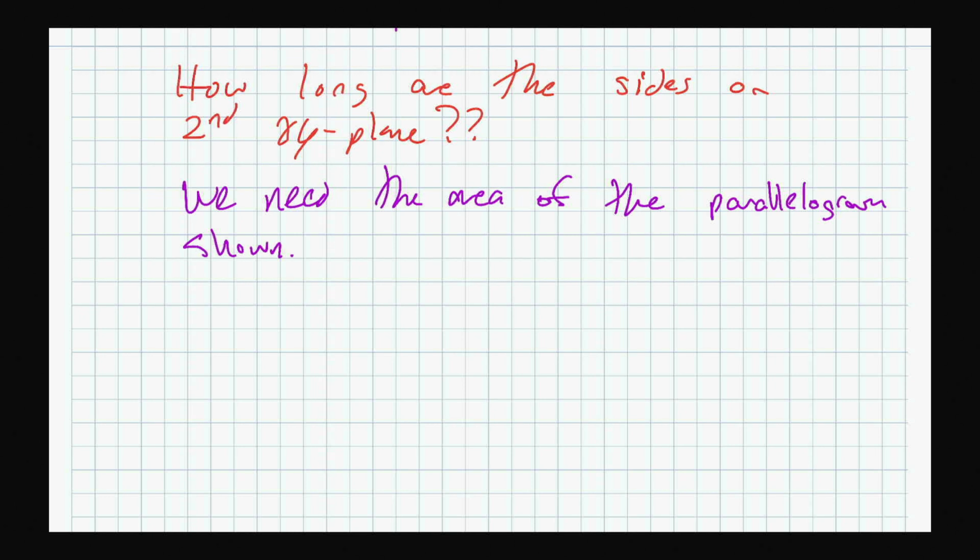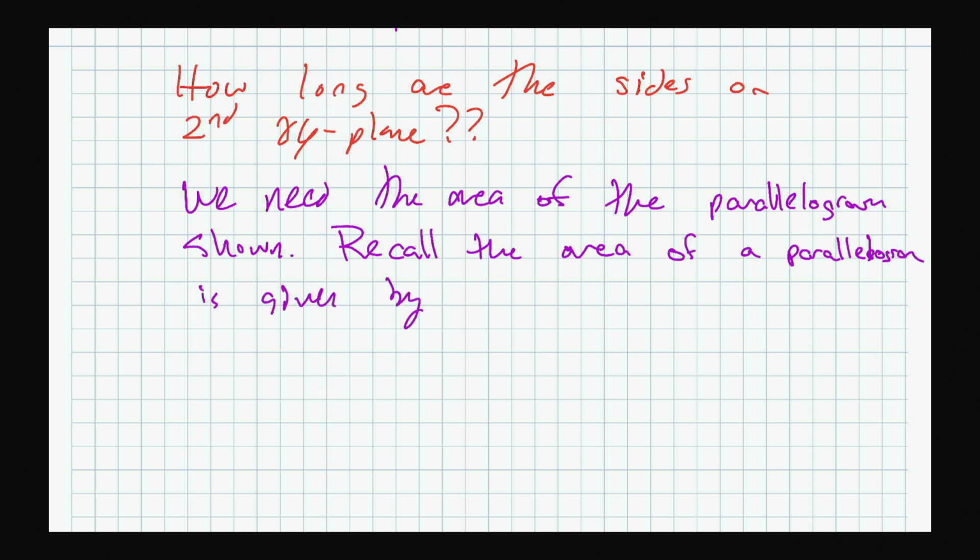Now you have to remember how to do that. So just recall back to the beginning of the semester that the area of a parallelogram is given by the magnitude of a cross b, where those are the vectors that determine the parallelogram, right?